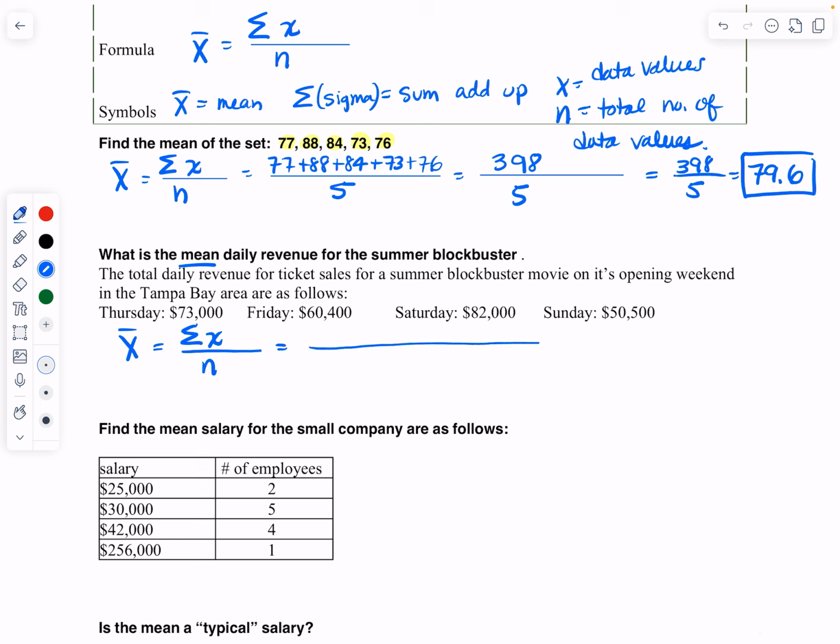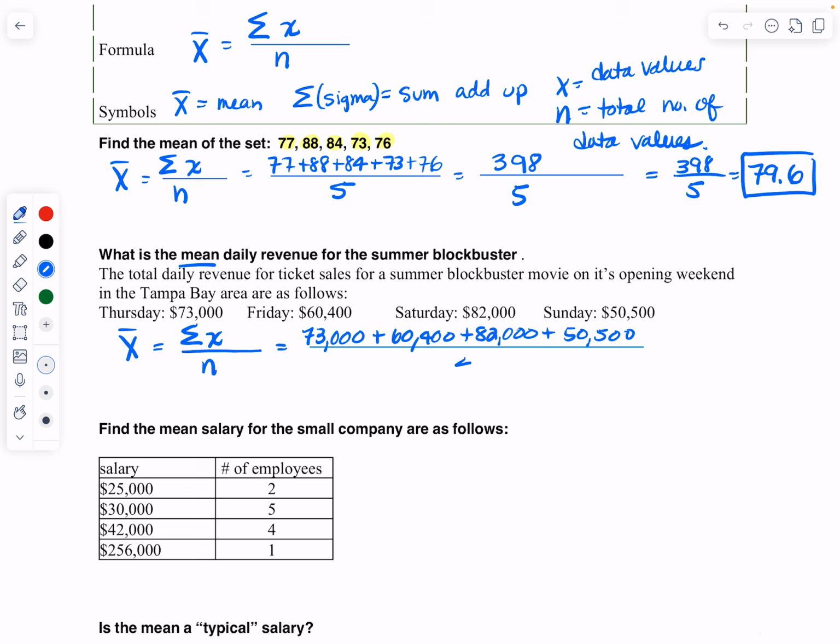So here's what this looks like. I'm going to add up 73,000, that is Thursday's value. Friday we have 60,400 plus Saturday is 82,000 plus Sunday, which is 50,500. And now I'm going to count how many data points I have. 1, 2, 3, 4.